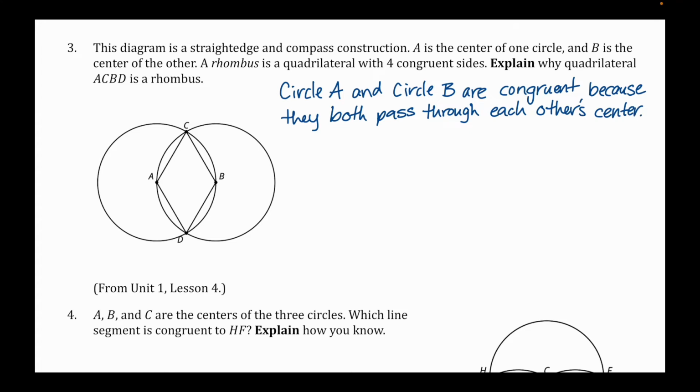So that actually makes it so that they share a radius, so that AB is considered a radius of both of these.